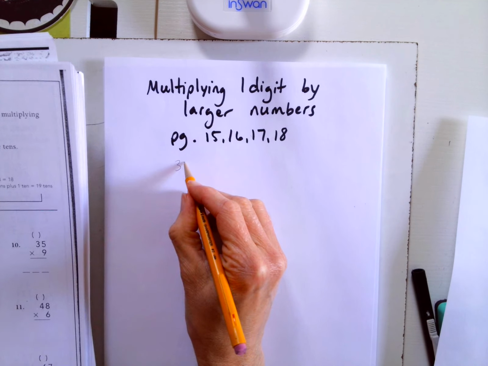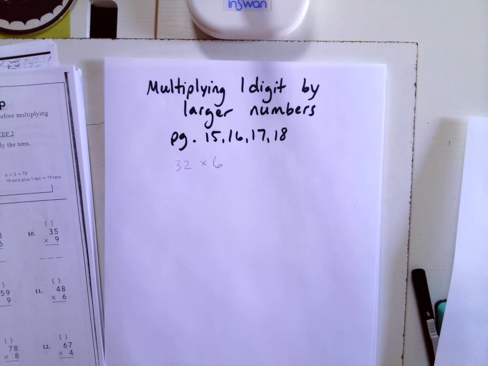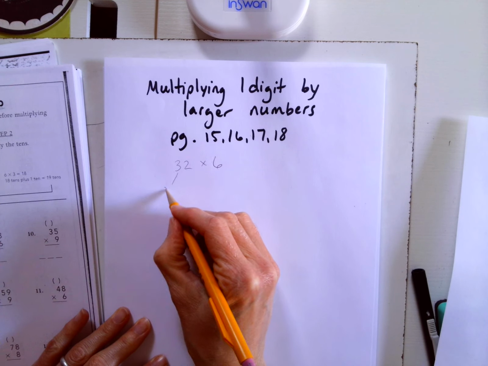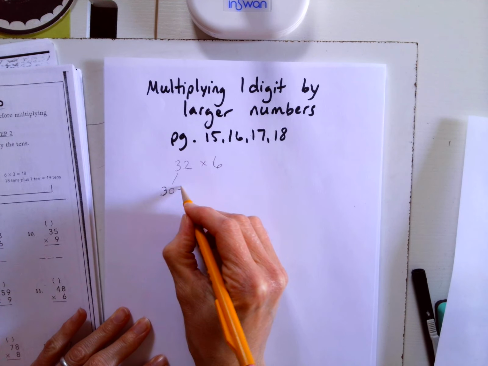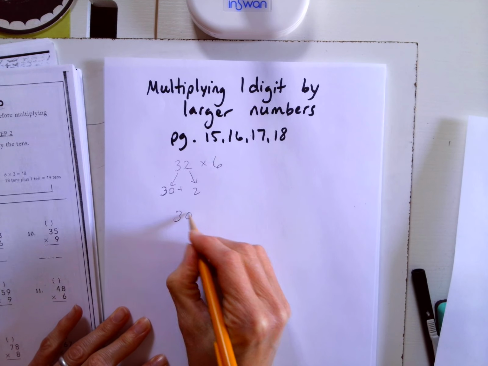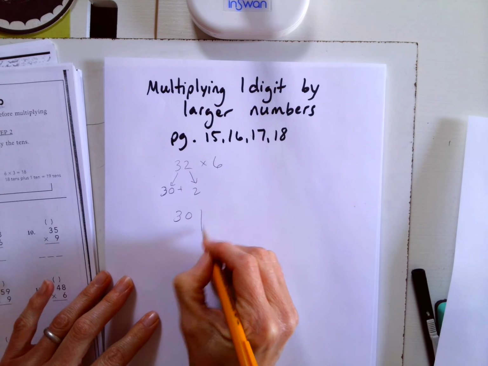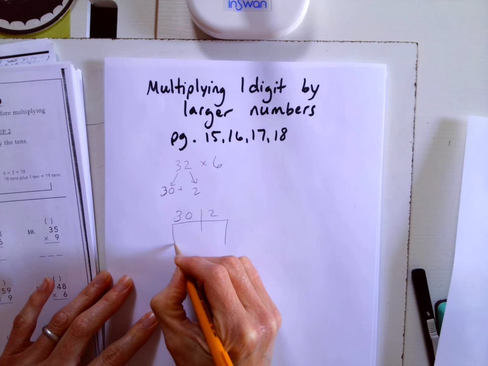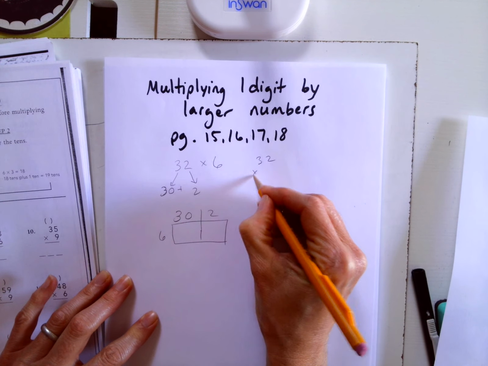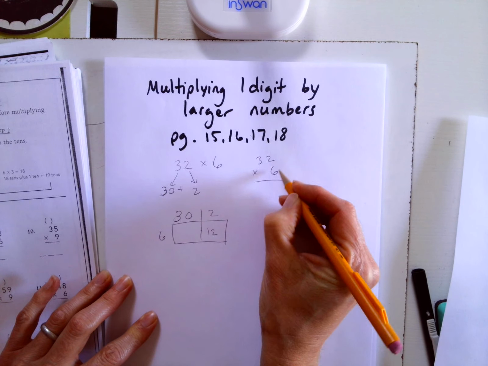So if we're doing 32 times 6, another way to think of it is, this is 30, and this is 2, so that we can break 32 into 2 pieces. And then we're going to multiply each of those pieces by 6, because that's really what we're doing in this system. 6 times 2 is 12, and the 6 times 3.